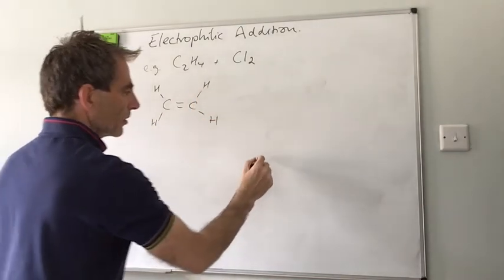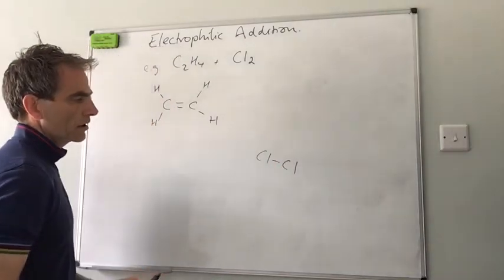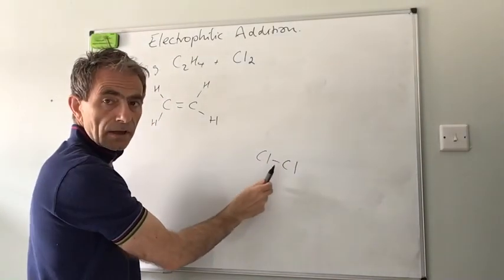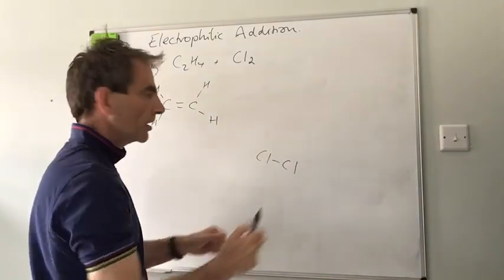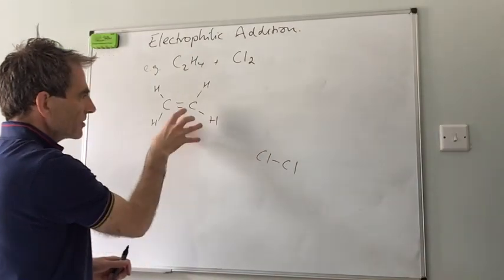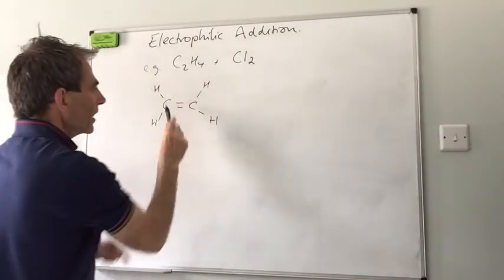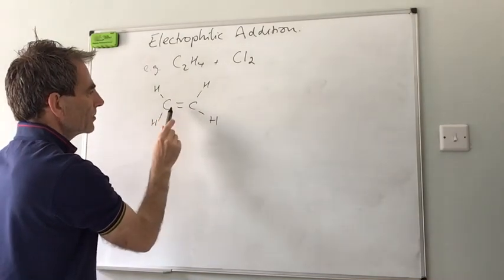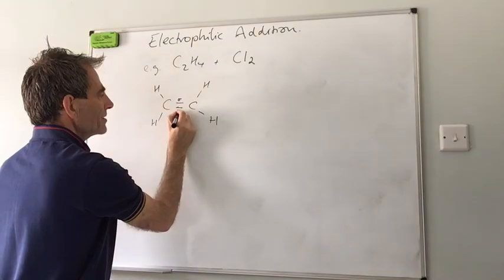Okay, and we'll draw the chlorine molecule over here for starters. So chlorine is a non-polar molecule because the atoms have identical electronegativities because it's the same atom. But as it approaches the carbon-carbon double bond, you've got a high electron density around the carbon-carbon double bond because of the presence of, remember, a sigma bond and a pi bond.